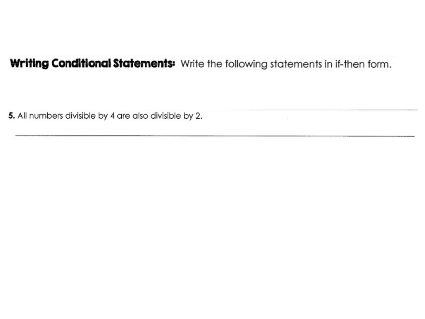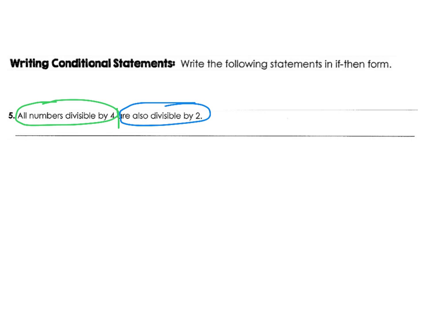If we cut it in half, we can say that if numbers are divisible by 4, then they are also divisible by 2. So we're trying to break it apart into 2 somewhat separate statements so that we can rewrite it as if one thing, then the other.